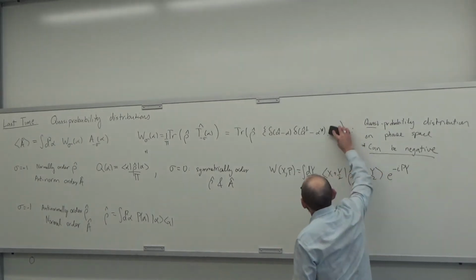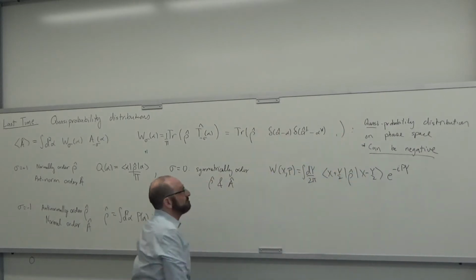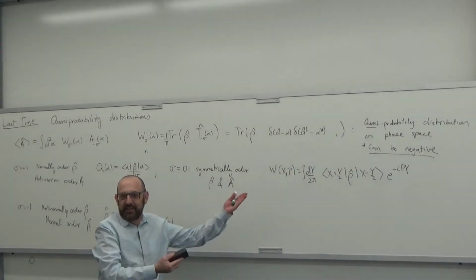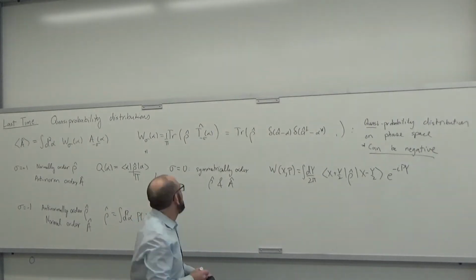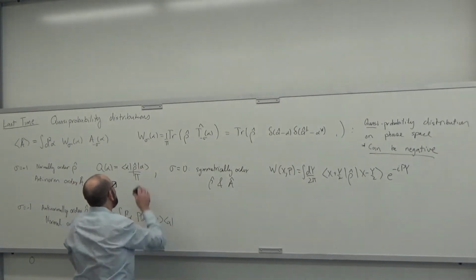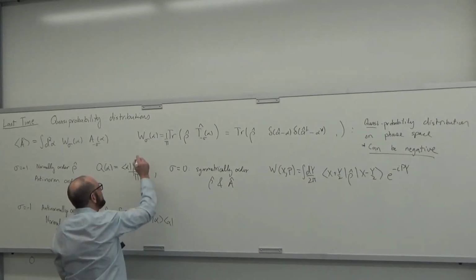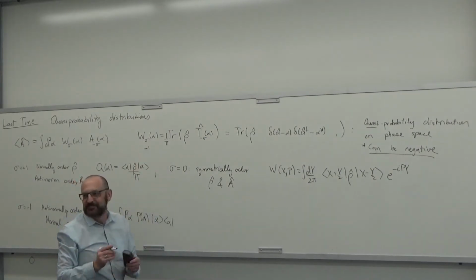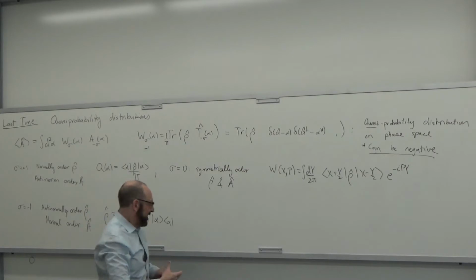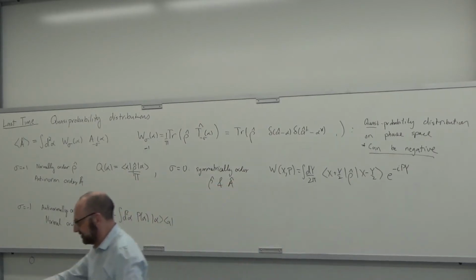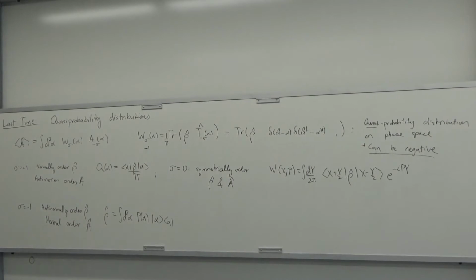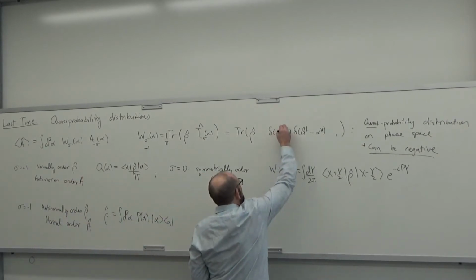But in that case, that's just equal to this. Because we've done it. All the A's are on the left and all the A daggers are on the right. And if I were to do this sigma equals -1, then it's that.